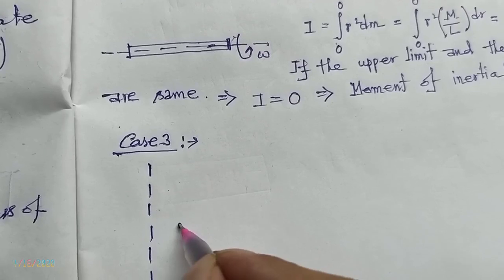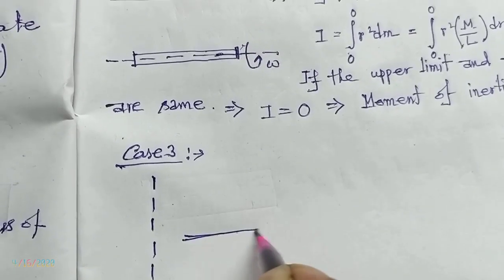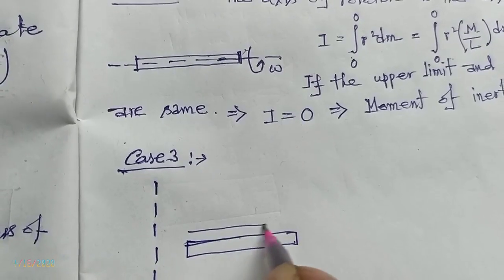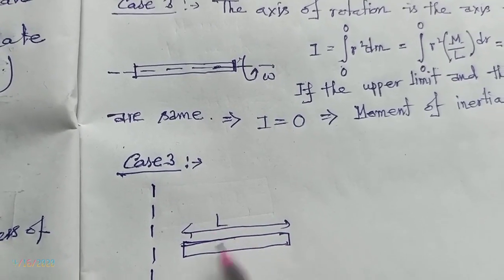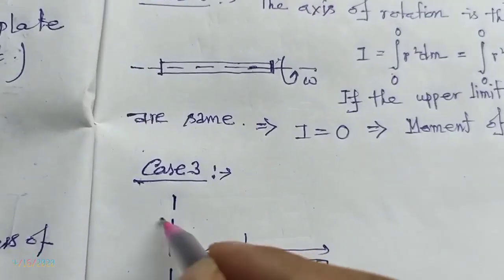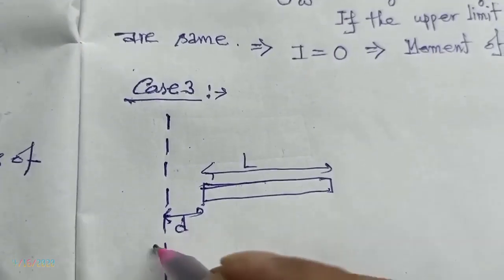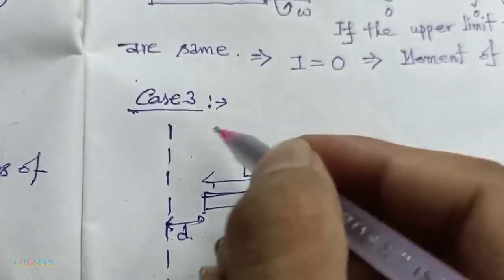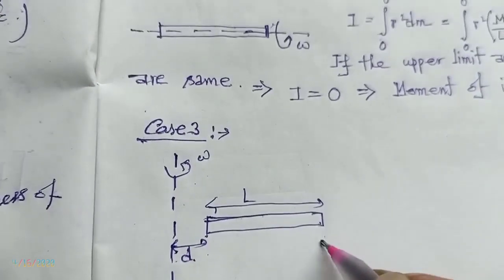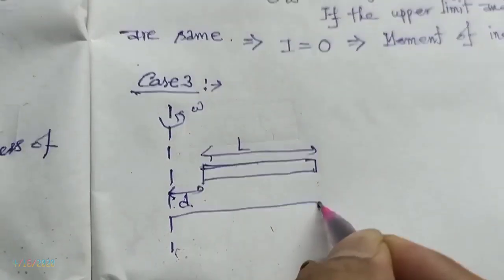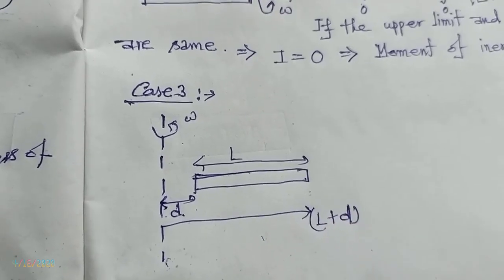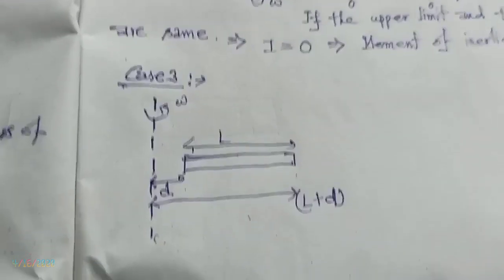Now see, this is the position of the rod, and the length of the rod is L, and this distance is D. So one end of the rod is at a distance D from the axis of rotation, and the other end is at a distance L plus D. So what will be the moment of inertia for this rod?